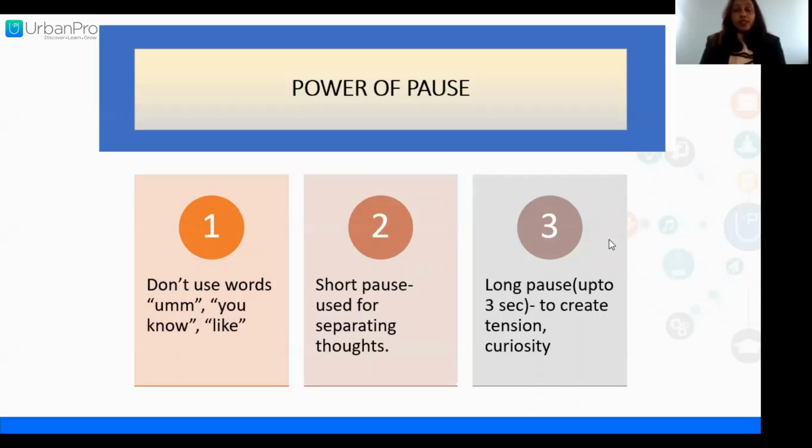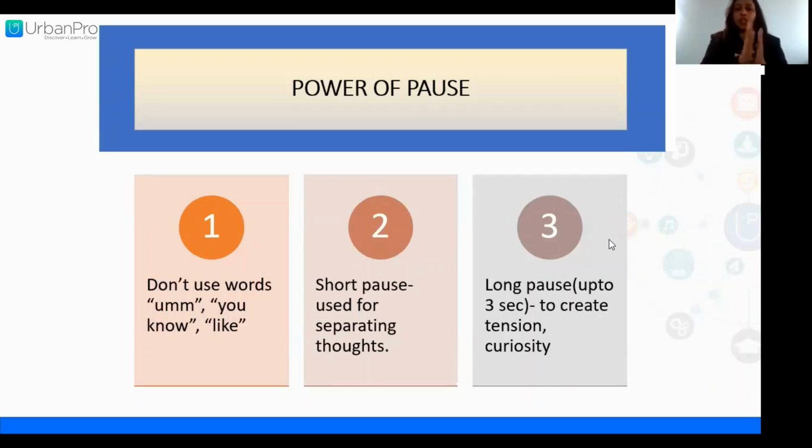Now second point which I would like to tell you is about short pause, that where you should use short pause. I know that you are curious to know that does short pause also have some importance and long pause also has some importance. Yes. So when should you use short pause?